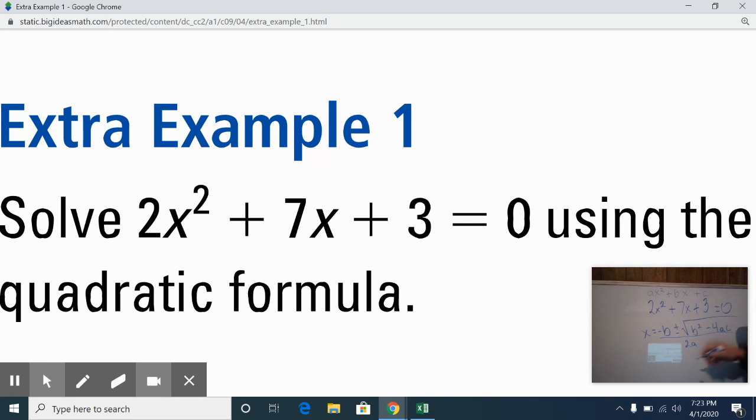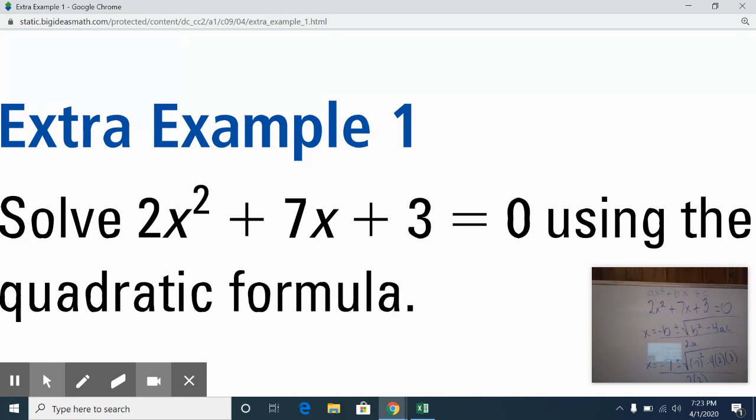Okay, so x equals negative b, so negative 7, right? So negative 7 plus or minus the square root of negative 7 squared minus 4 times 2 times 3. All right, this will all be divided by 2 times a, and a is 2 again.